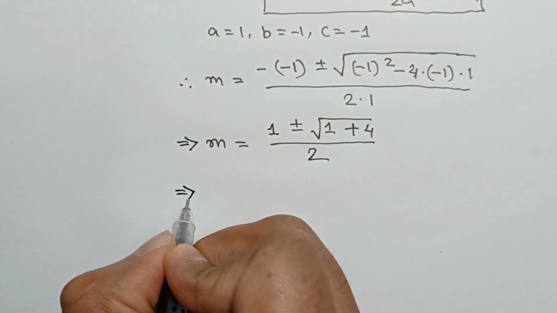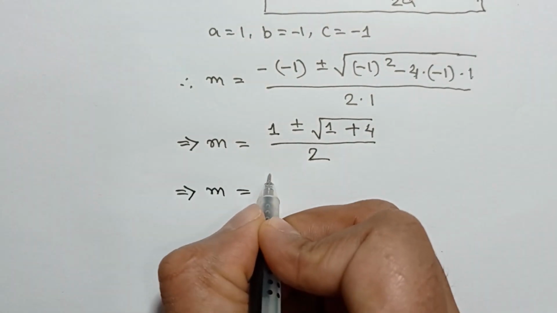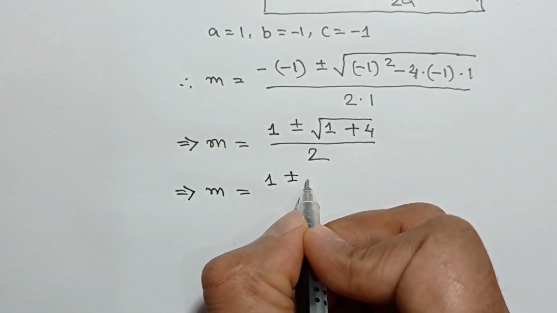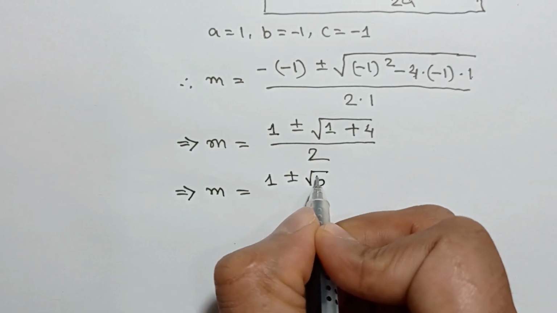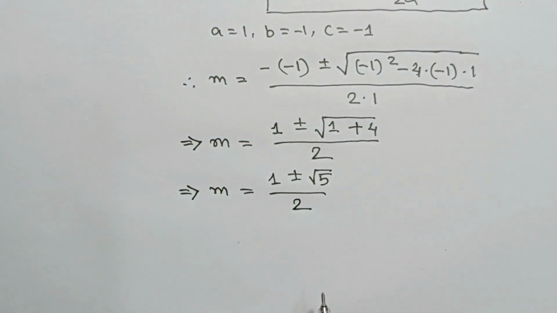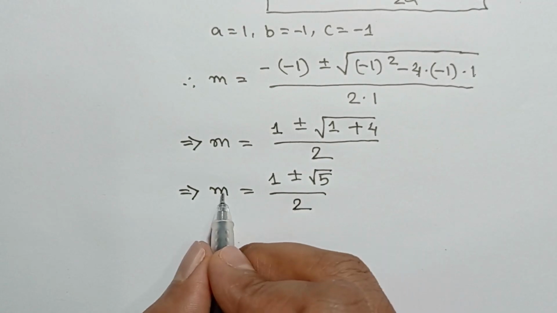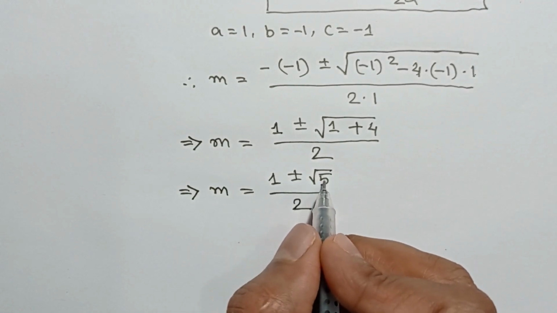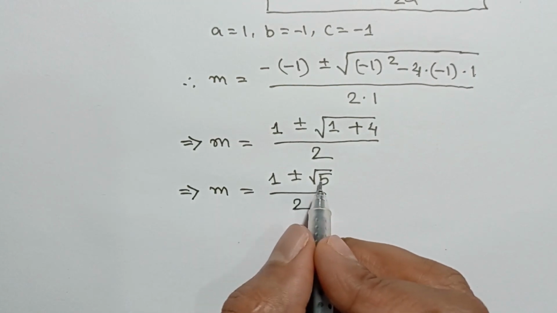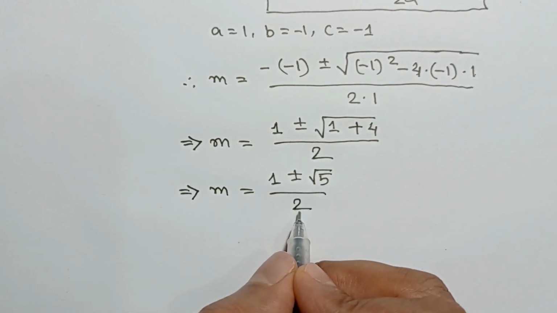Or m is equal to 1 plus or minus 4 plus 1 is equal to 5, so it will be square root of 5 over 2. So m can be written as 1 plus square root of 5 divided by 2, or m is equal to 1 minus square root of 5 over 2.